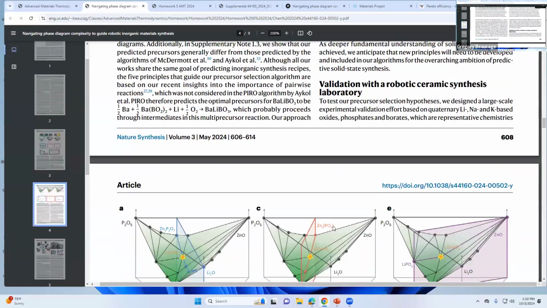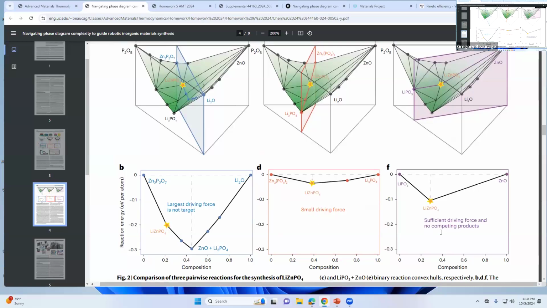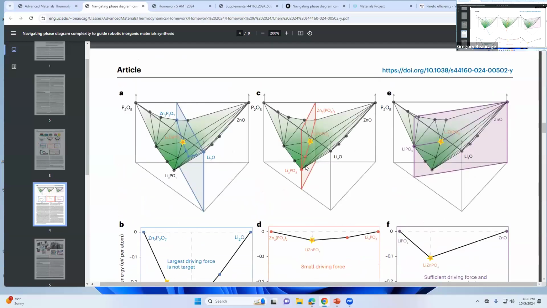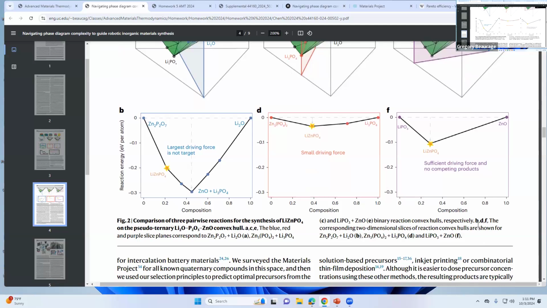The other one is the phosphate and lithium phosphate. It's trying to get to the lithium zinc phosphate product. Let's see, this must be a typo. It should be zinc oxide at one of the corners here, like he's making lithium zinc phosphate.